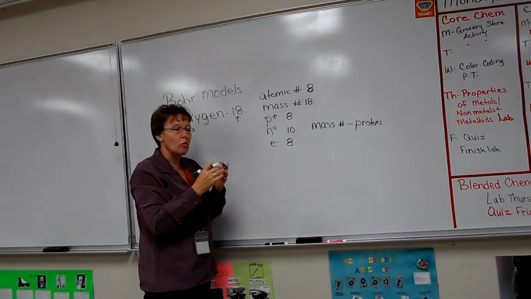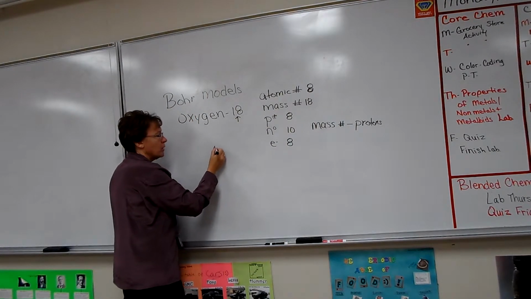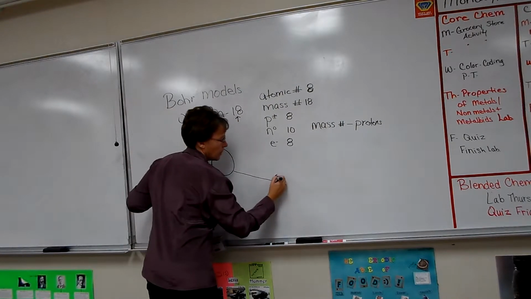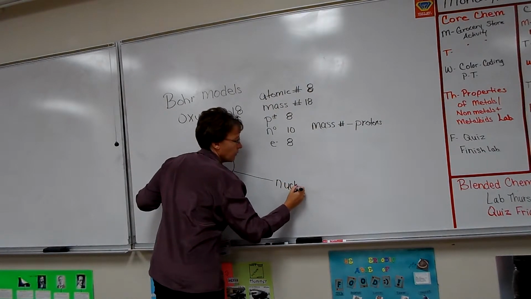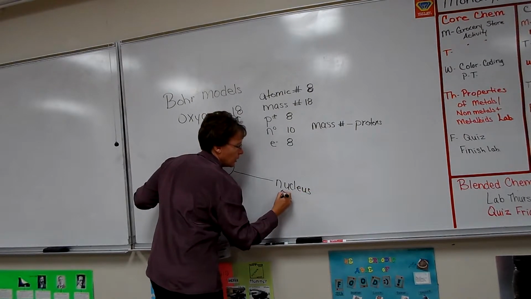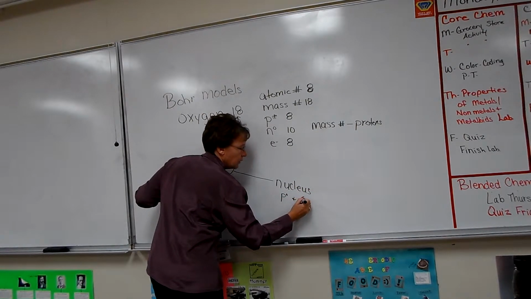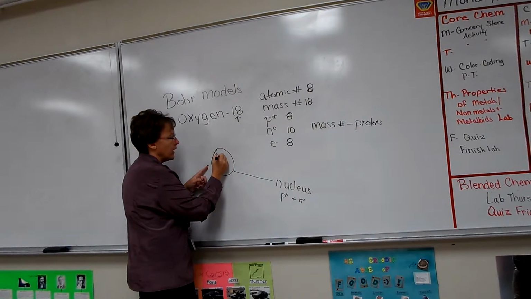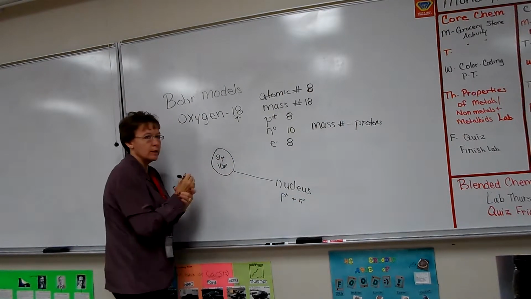Okay, so to draw this Bohr model of the atom, what we're going to draw is our nucleus. And we know in our nucleus we have the protons and the neutrons. So that's what we're going to write in here. We're going to write that we have 8 protons and 10 neutrons.